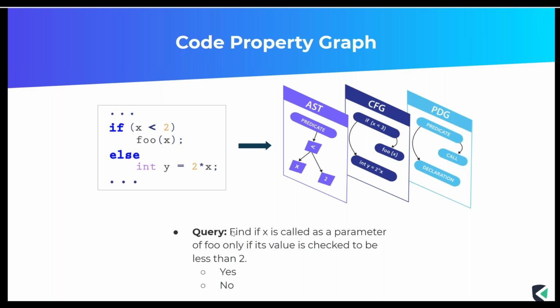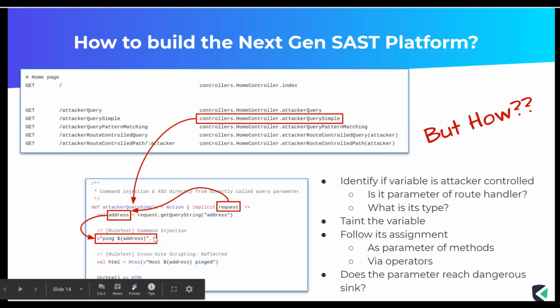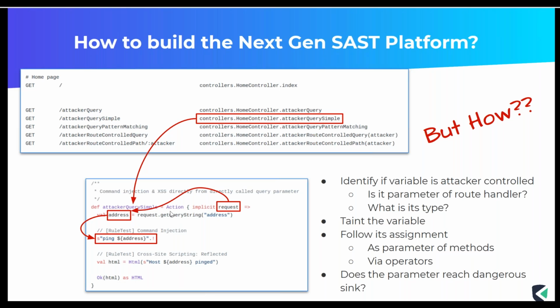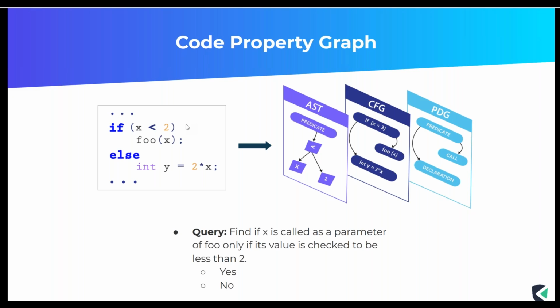Once you can formulate questions like this, you can then ask questions like: identify if there's a variable going inside the process execution which is attacker controlled and is coming from this specific route. A question like this can then be reasoned with. So what's coming out from this is that we do need a graph, and a very comprehensive graph, to ask questions like that.